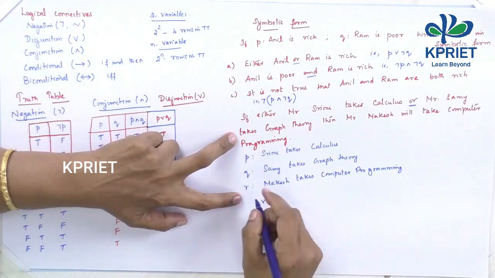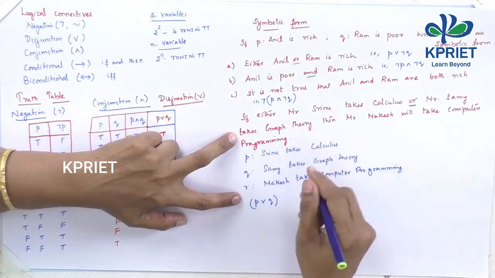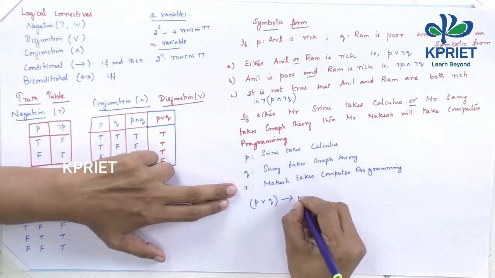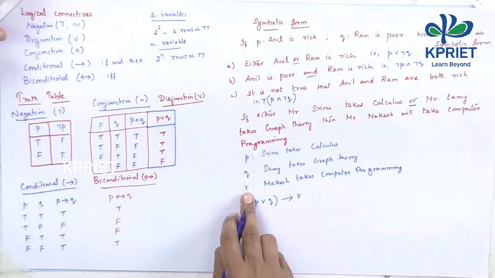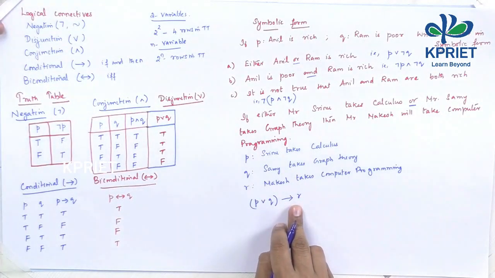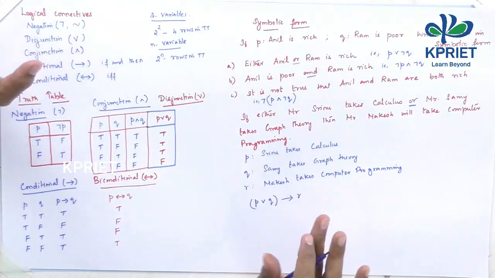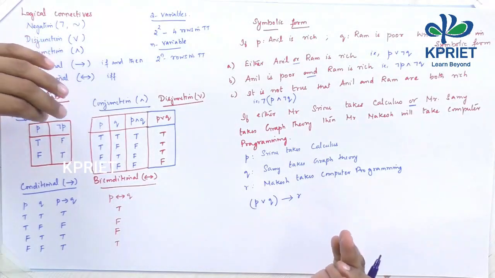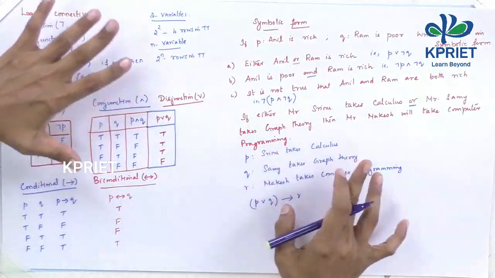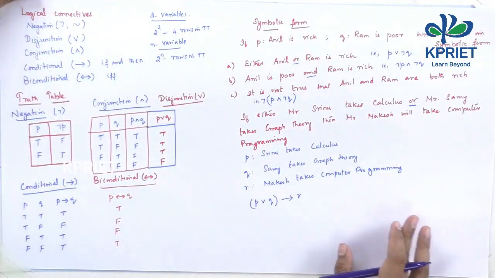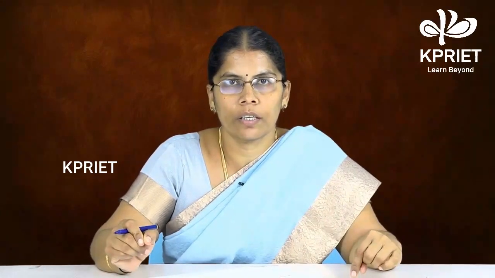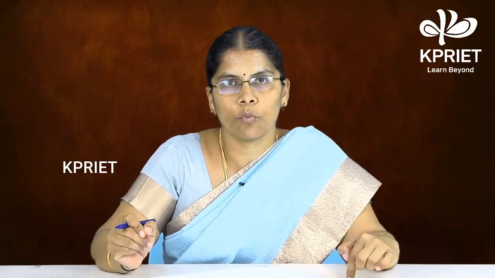So if this is so, then is a conditional statement. Mr. Magesh will take computer programming is R. So the only thing is that we must be aware of all the basic logical connectives, and we will have to suitably replace those connectives in the given statement. Now, understood? Okay, fine.